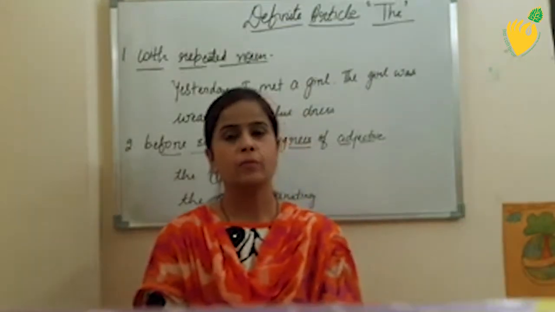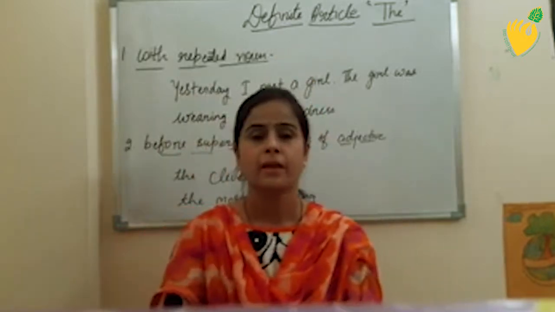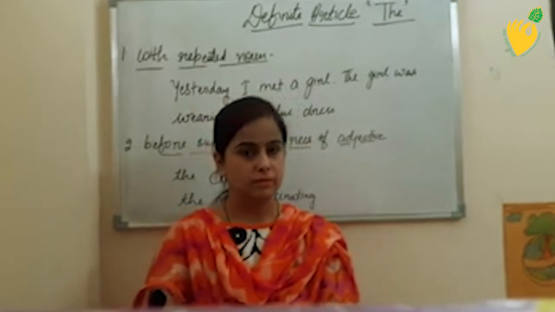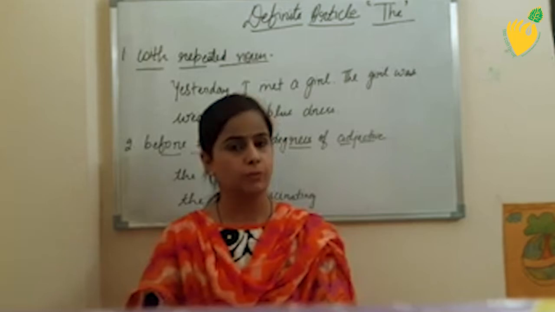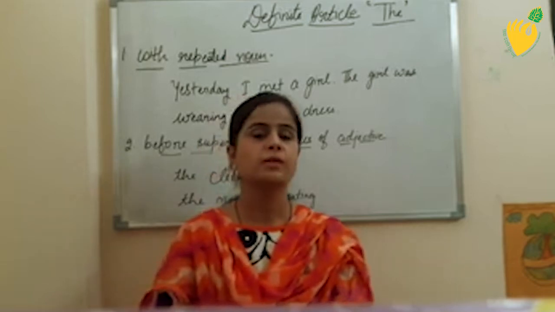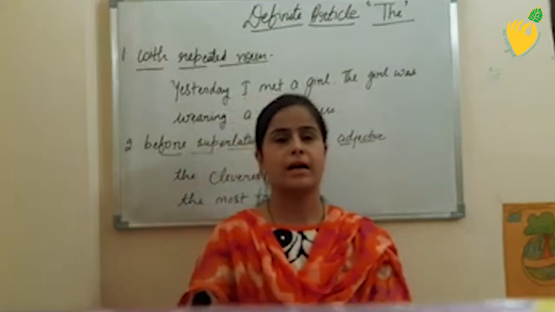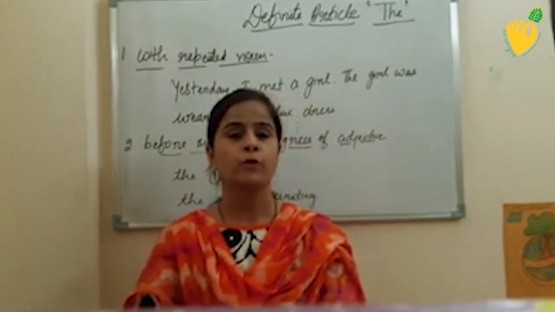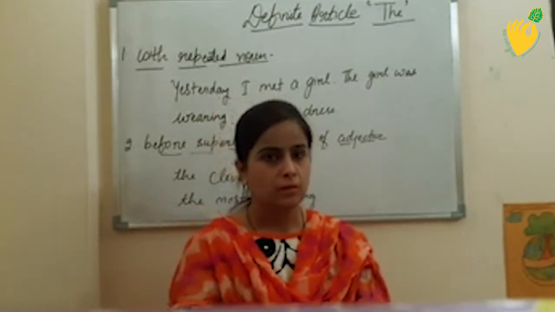Now students, I am going to explain the definite article the. As I have told you earlier, we use the definite article the before singular as well as plural nouns, before countable as well as uncountable nouns. The only thing is that we use the definite article the before a particular noun, before a specific noun.